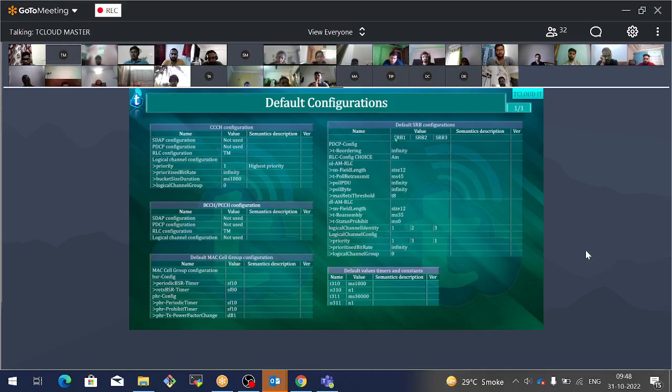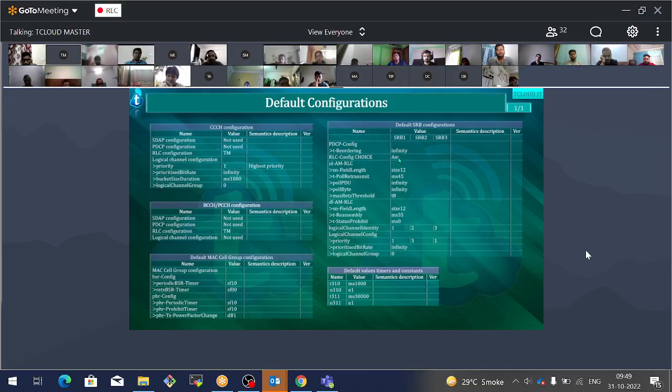For example, if you take SRB1, SRB2, or SRB3, for all these three, except these two lines that you see, logical channel identity and logical channel priority, the rest of the details are the same, as you can see. For example, PDCP t-Reordering is infinity at the PDCP level.